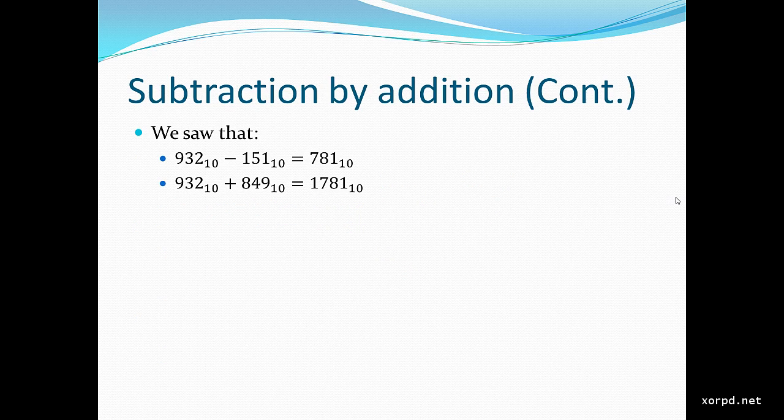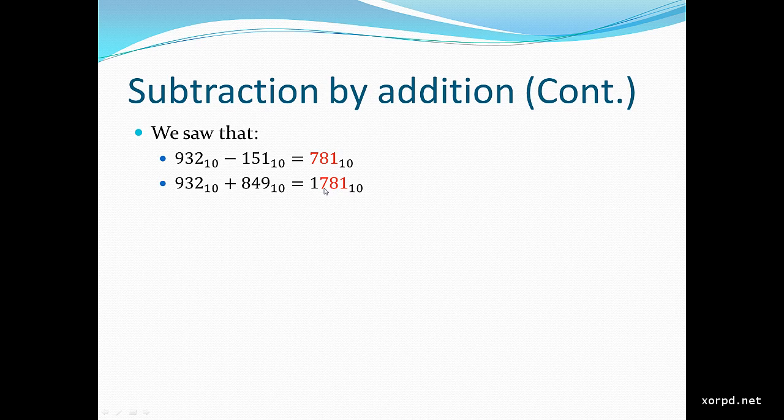So we saw that 932 in base 10 minus 151 in base 10 equals 781 in base 10. We also saw that adding those two numbers, if you remember, we obtained this number 849 from the original number 151 by subtracting from 1000.